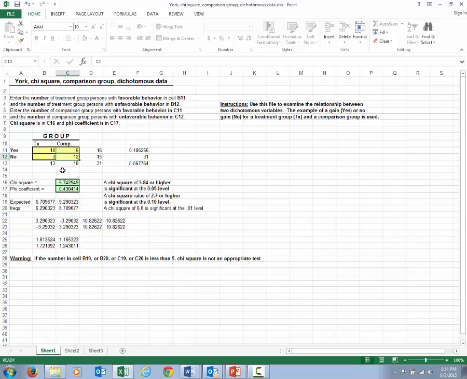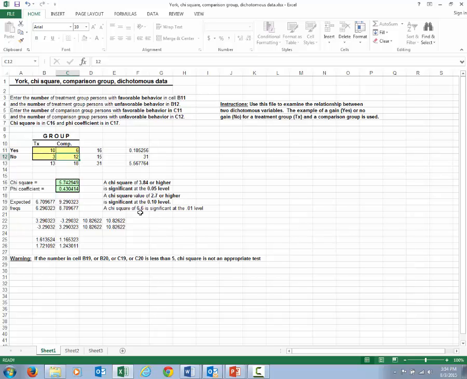Now let's look at the value of chi-square, which is right here, 5.74. This is the value you can use to determine whether statistical significance was achieved. Here you have an indication that a chi-square value of 3.84 or higher is significant at the 0.05 level. A chi-square value of 2.7 or higher is significant at the 0.10 level.